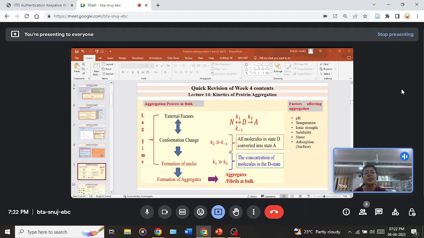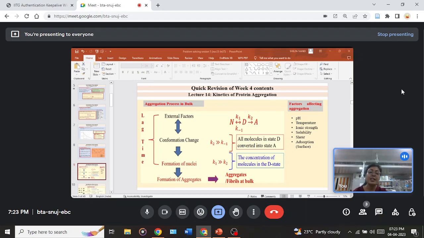Adsorption occurs in case of surface, but here aggregation is occurring in bulk. So apart from adsorption, other external factors are responsible here. Various external factors lead to the conversion from native conformation to the D state.